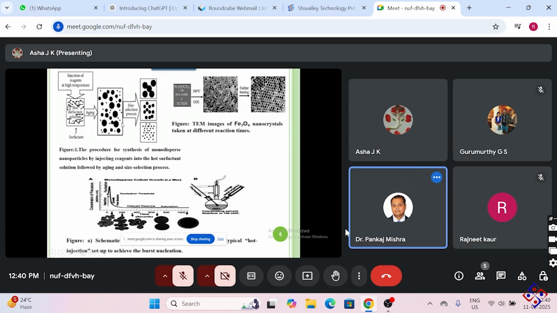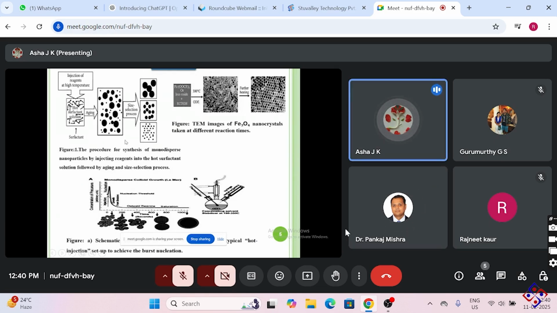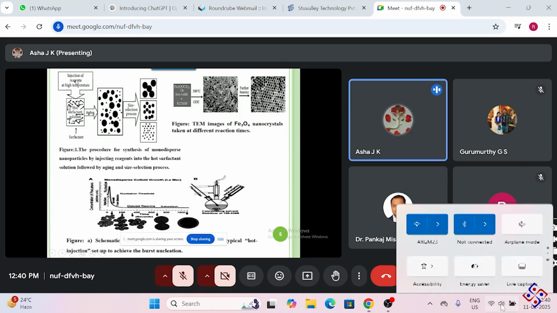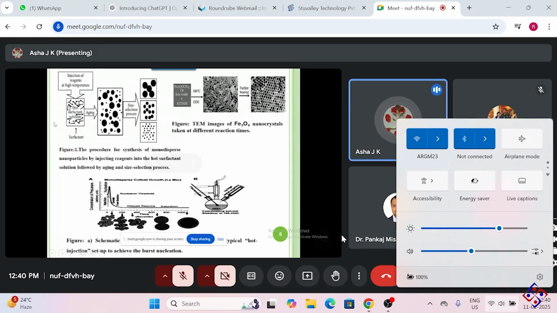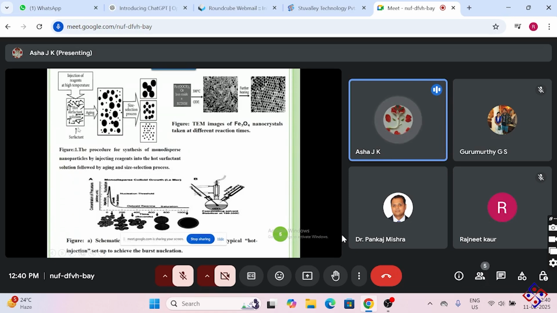Here is the method of synthesis of monodisperse nanoparticles. Here we are using injection of reagents at high temperatures. We are injecting reagents into a surfactant solution, where the surfactant stabilizes the nanoparticles and controls the growth.